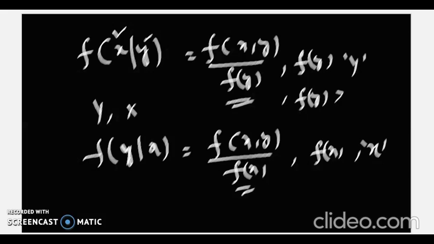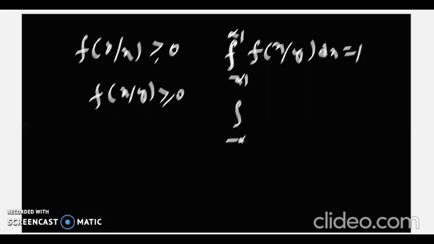Here f of y greater than 0 and here also f of x greater than 0. And we have some properties on that. F of y by x greater than or equal to 0. F of x by y greater than or equal to 0. Integral minus infinity to infinity f of x by y dx is always equal to 1. Similarly, integral minus infinity to infinity f of y by x dy is always equal to 1.